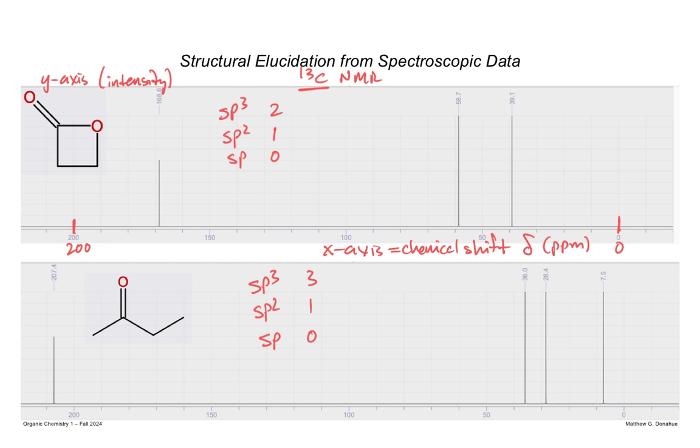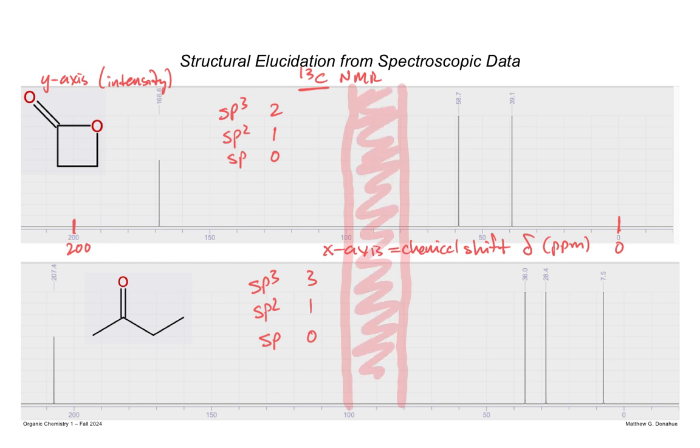So right off the bat, just by looking at this, maybe I'll draw a line or maybe a region. So we'll say like, anything above 100, maybe I'll write it here.